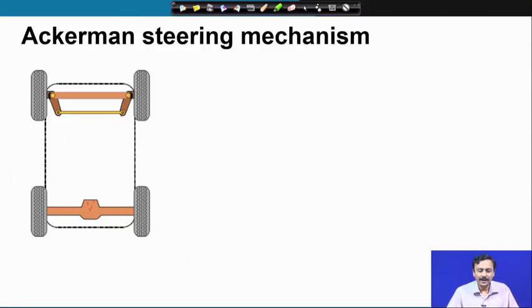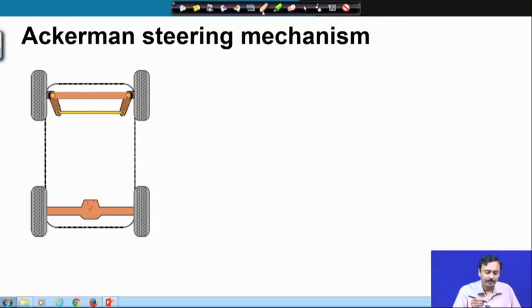This is the Ackerman steering mechanism, which is used in cars. Here we have this link, as it is shown, which is fixed to the body of the car. Now, this fixed link has two kinematic pairs, here and here. We will call them the ground hinges.